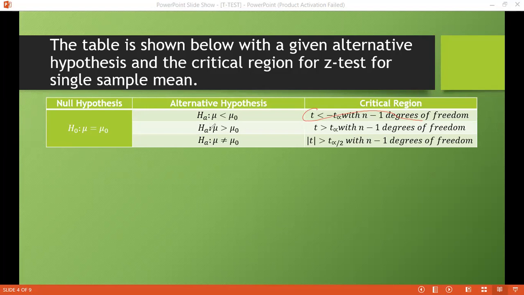And then for the greater than and for the not equal to symbol. Now, please do remember that this is for t-test. Sorry for the error. Now let's proceed to the next slide.